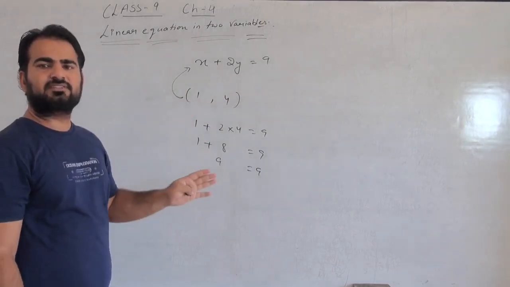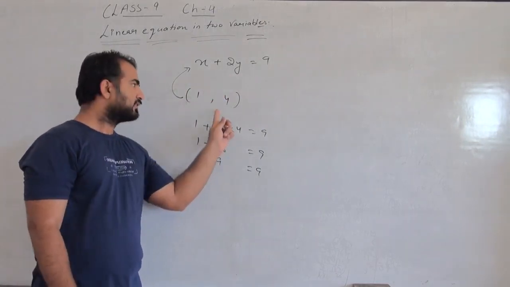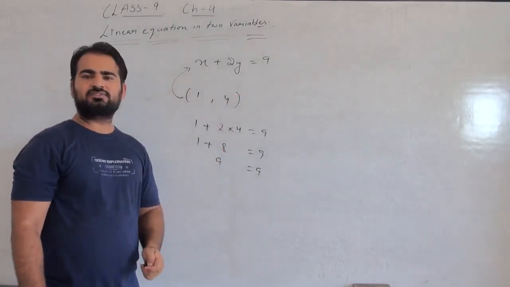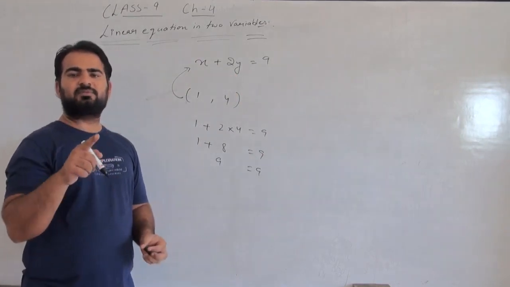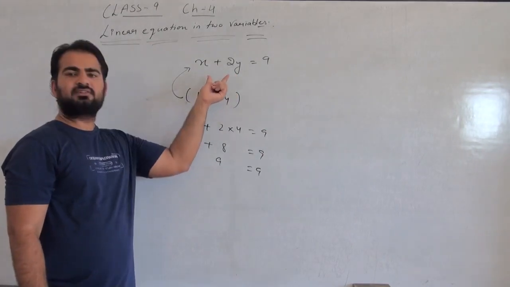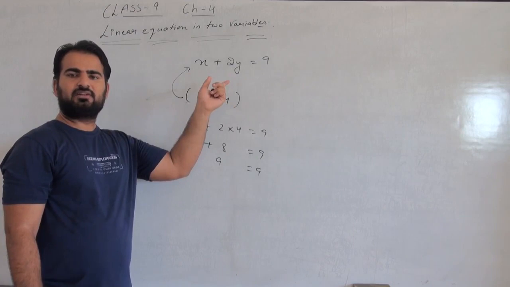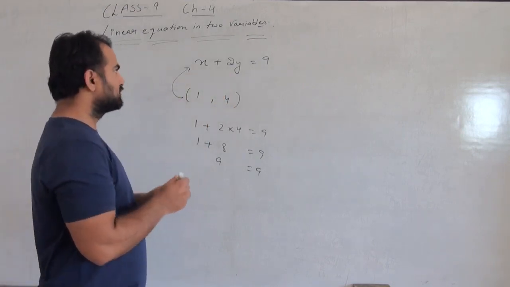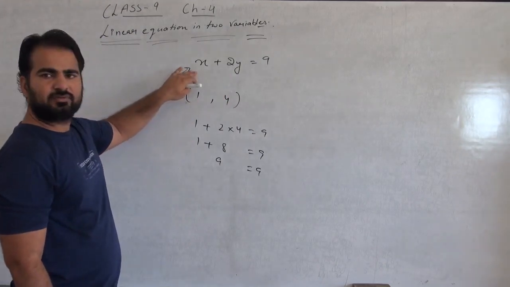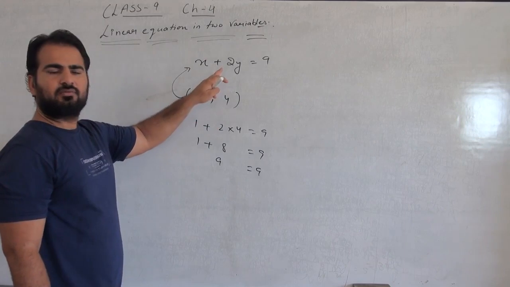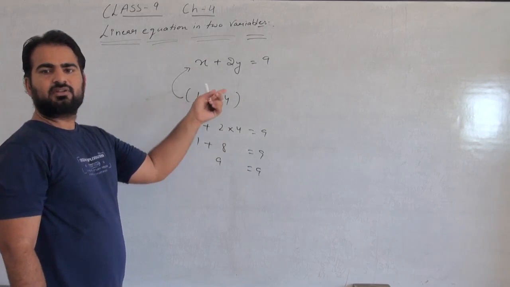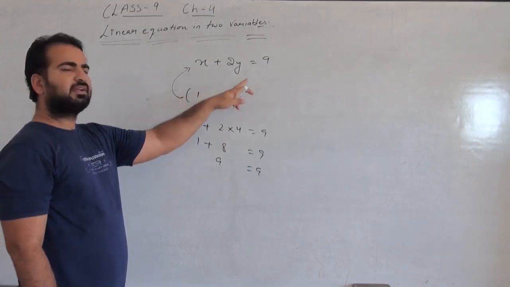And if it is satisfying this equation, then it means that this point lies on this line. This is a linear equation, and every linear equation represents a line. So it means that this point lies on the line which will be made by this equation. So how to satisfy an equation? We just place the x coordinate with x and the y coordinate with y. If LHS becomes RHS, then it means this point lies on the line which is made by this equation.